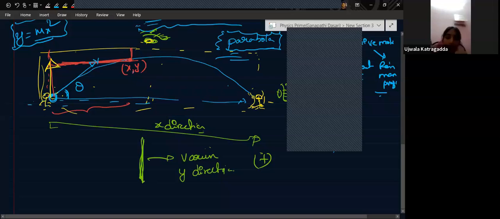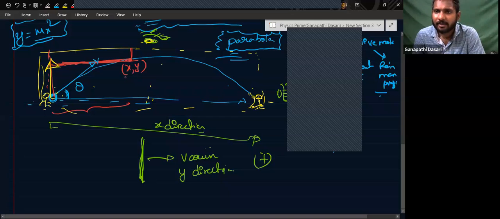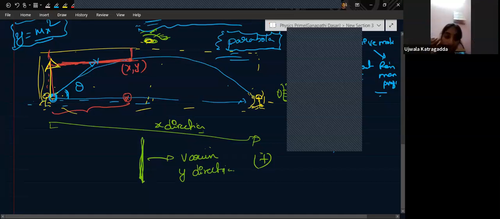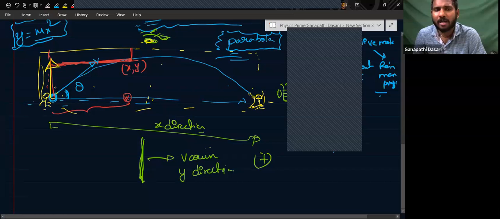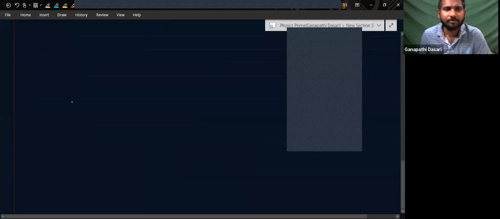So that is why I'm telling time is important. If x is fixed, y will be fixed. Suppose Varun is watching, first the ball has risen and again come to the bottommost point. By that time Ujjwala might have observed this entire horizontal length traveled. So both are linked in that time frame. Understood. Okay.